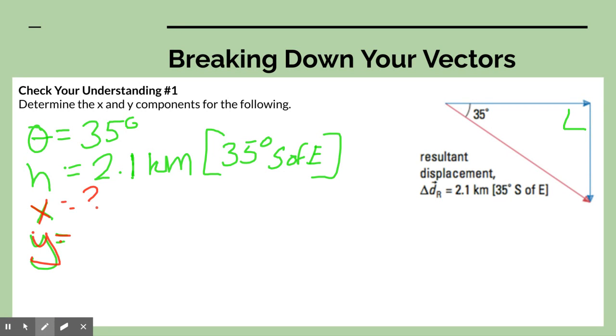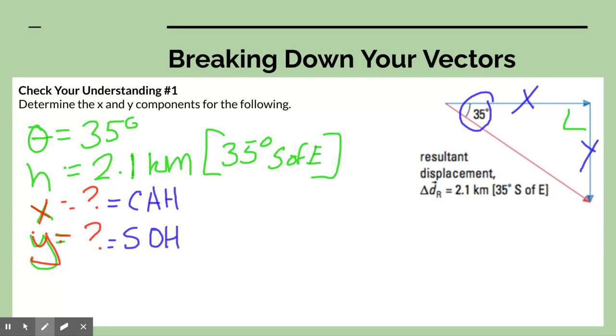We don't know what x is or what y is, but we know how to find them. Our x is up here, our y is over here. To find x, we see where our theta is, right here, at 35 degrees. If we want to find x, we use adjacent over hypotenuse, which is CAH. And then for y, we're going to use SOH.